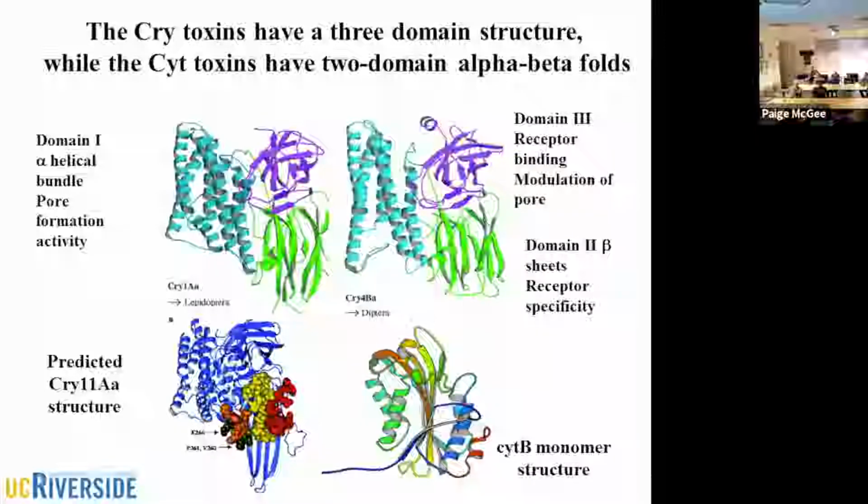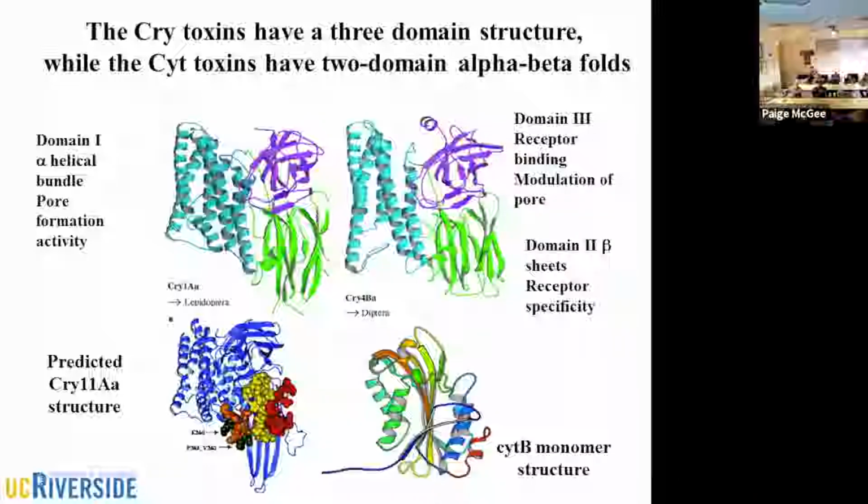So one of the features that is important for understanding the mechanism of these toxins is that the Cry toxins have a 3-domain structure. And if you look at the figure, the top figure on the left-hand side, which is a structure, the blue or cyan structures are alpha helices.